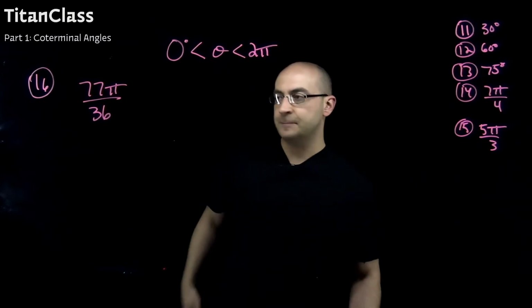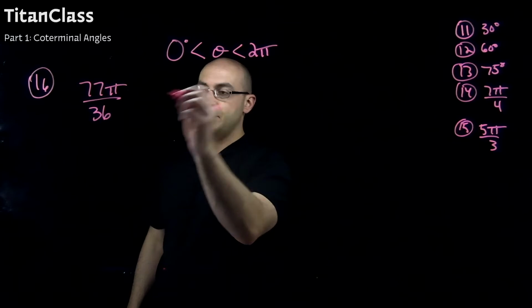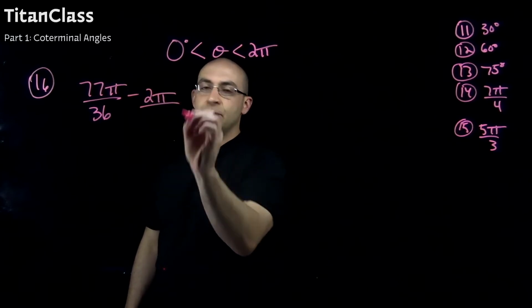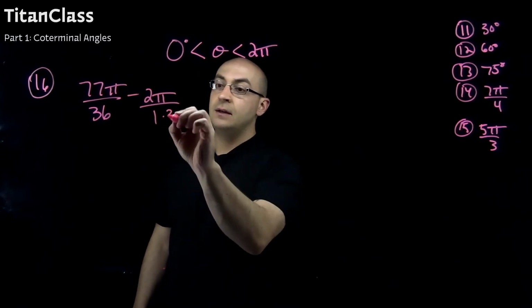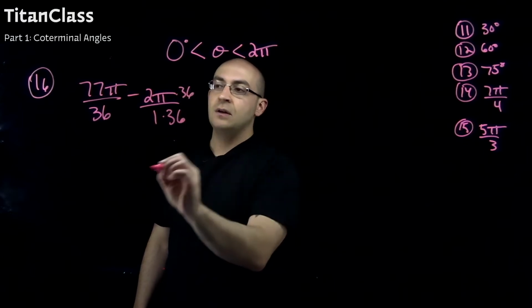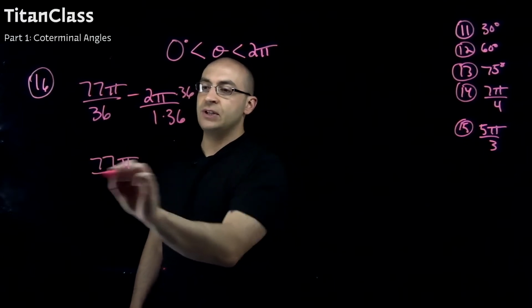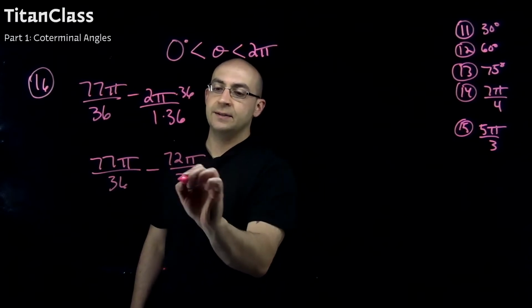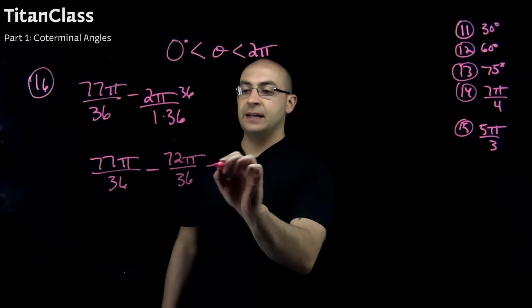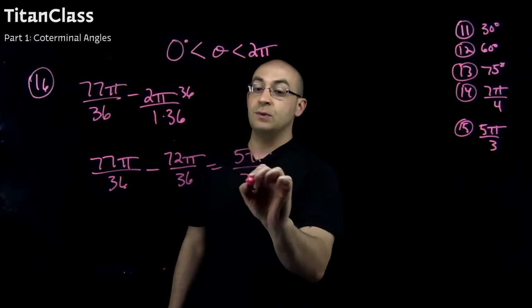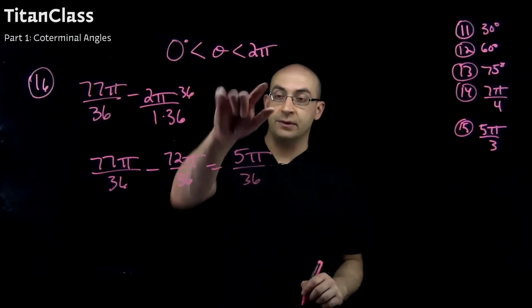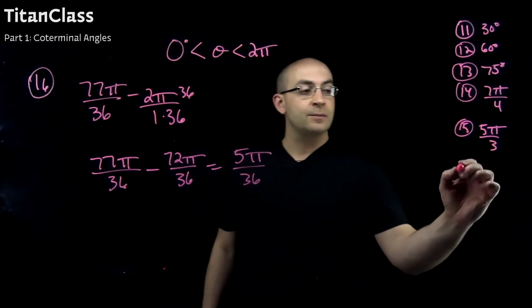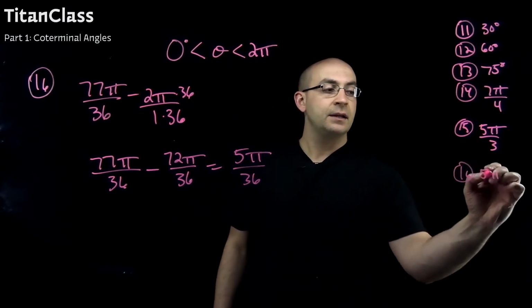So let's subtract, because again, I need it to be within this boundary. Let's subtract 2 pi and see what we get, right? So 2 pi over 1, I need it in terms of 36. And we're going to get what we just talked about, right? 72 pi over 36. Now I'm going to get 5 pi over 36, which is within the boundary of my 0 to 2 pi. My answer for number 16 is 5 pi over 36.